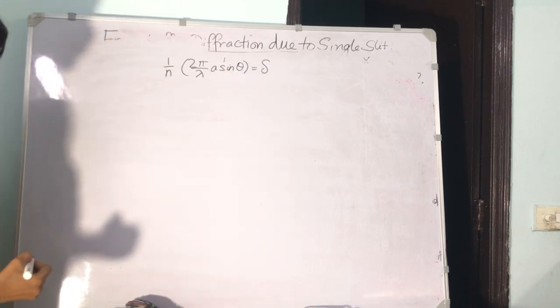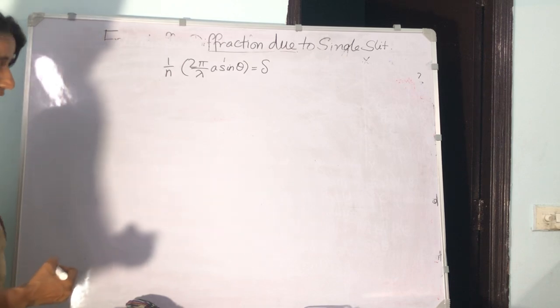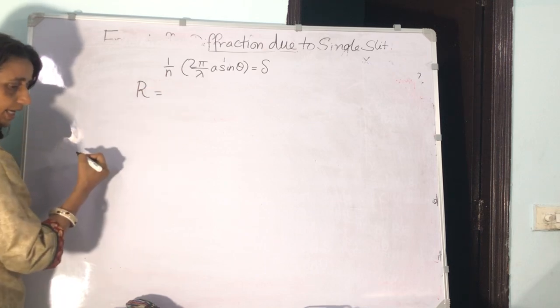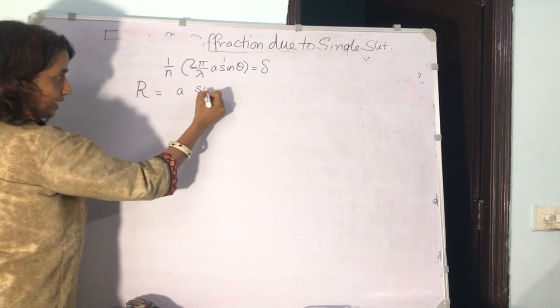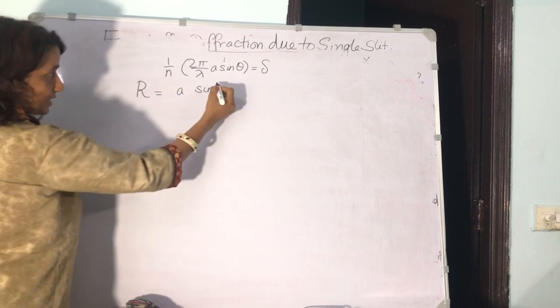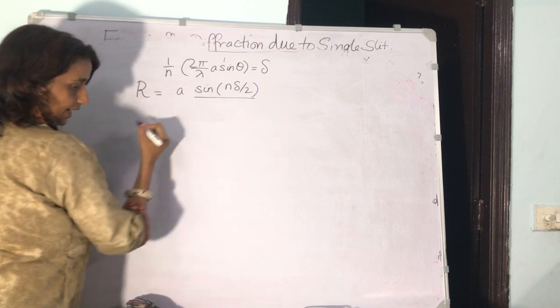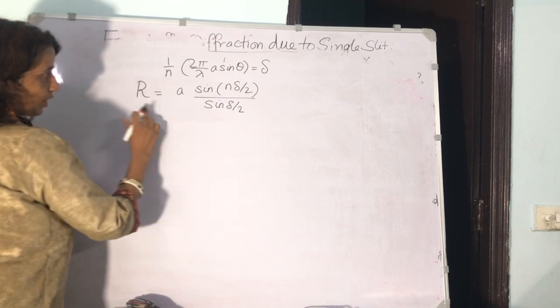Now, from the theory of composition of n simple harmonic waves of equal amplitude a, with common phase difference del between successive vibrations, the resultant amplitude is given by R is equal to a sine n del upon 2 divided by sine del by 2. We have done this in the previous lecture. What is this?